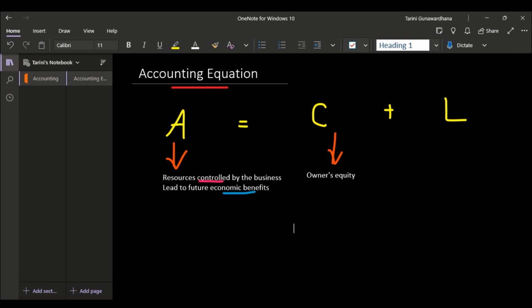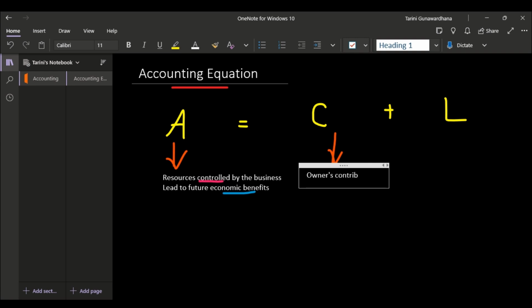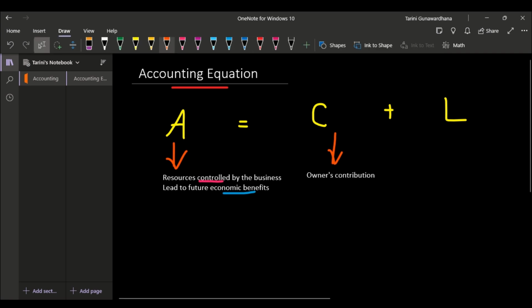And if the owner gives a motor vehicle for the business, that also becomes capital. So basically, whatever the owner contributes, the owner's contribution, basically is capital.